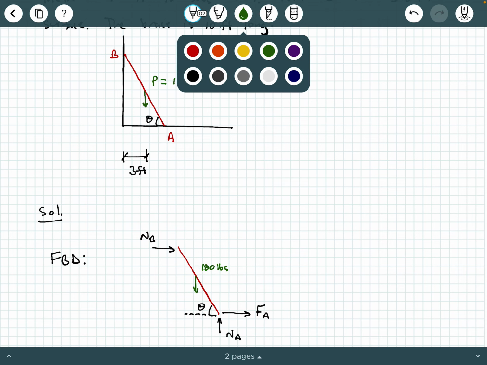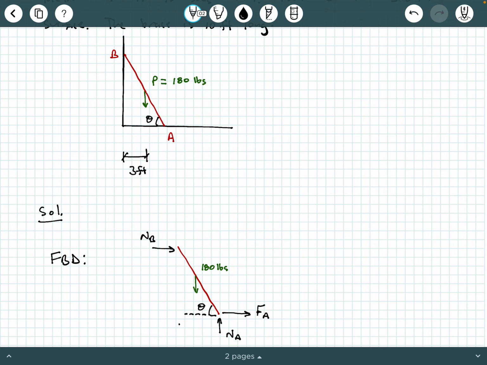And we know that this is a distance of 3 feet away from that wall on the left side right here. So this is our free body diagram. And don't forget about the 10 feet. Let's go ahead and put that on there. So this diagonal dimension right here, which is the length of that segment, is 10 feet.